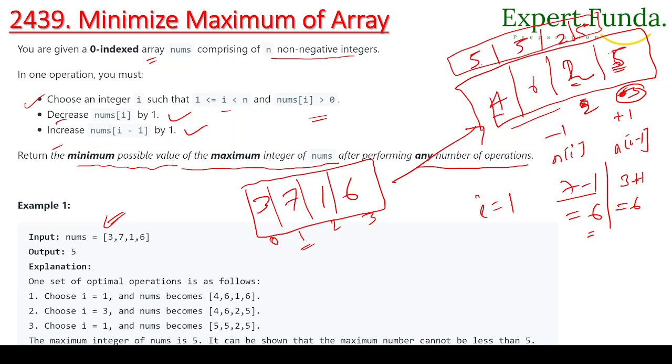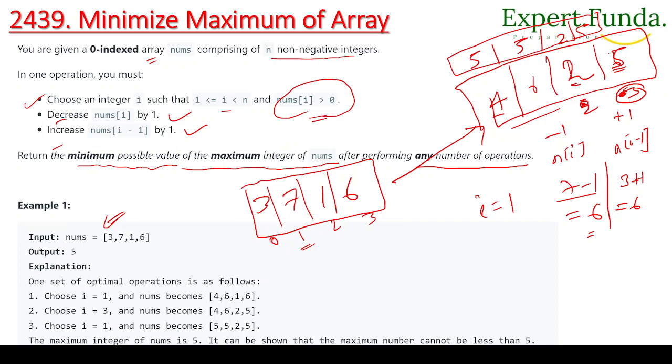Now we have to keep one more thing in mind, that nums[i] should always be greater than or equal to 0. As you can see, it now becomes 5 5 2 5 after performing these operations.